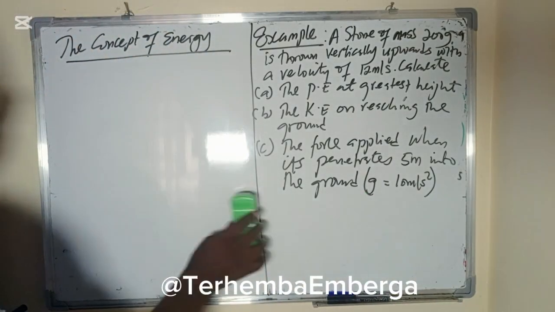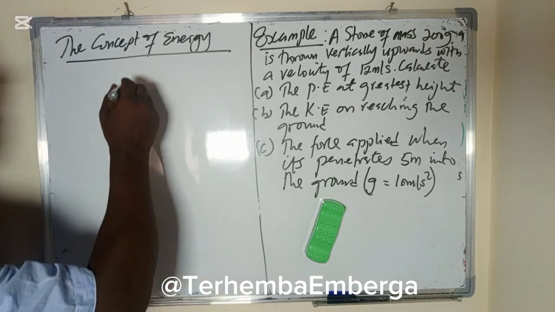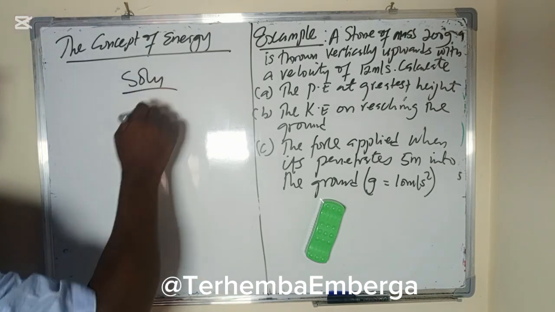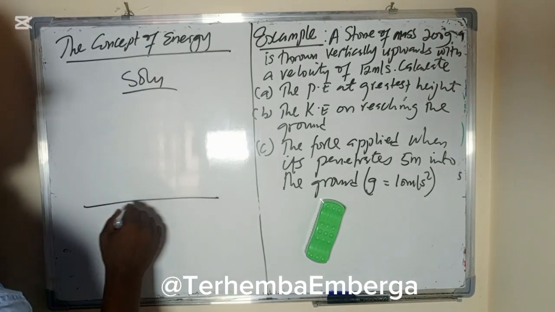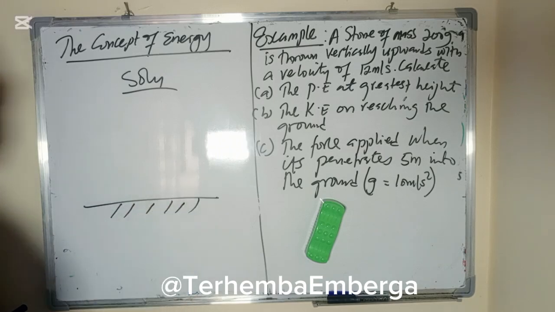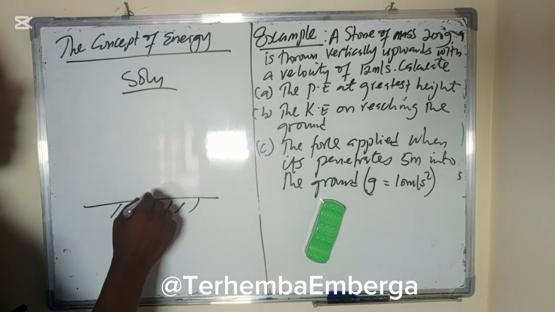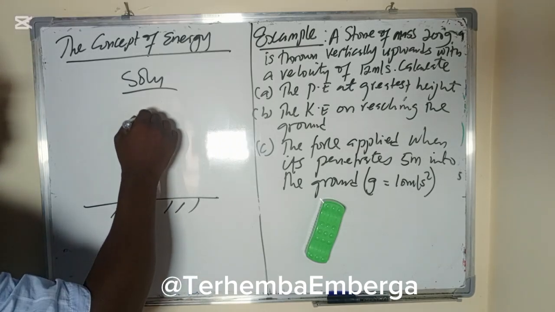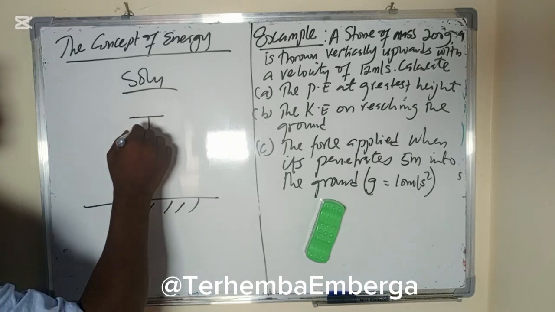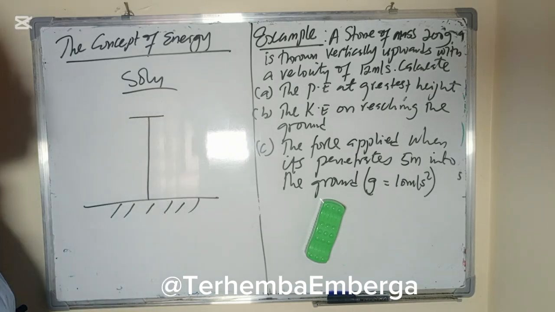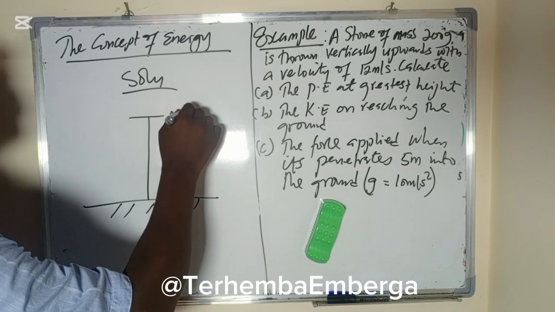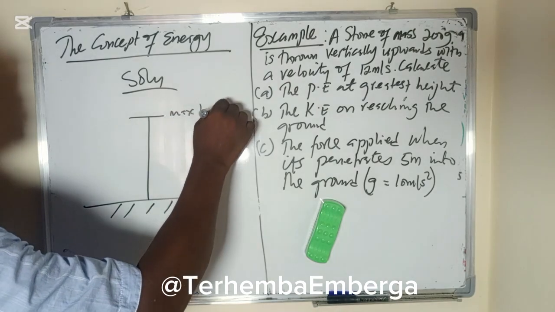So we approach this. Let's do a small sketch. If this is the ground, a stone of mass 200 grams is thrown vertically upward. Definitely it will reach maximum height.